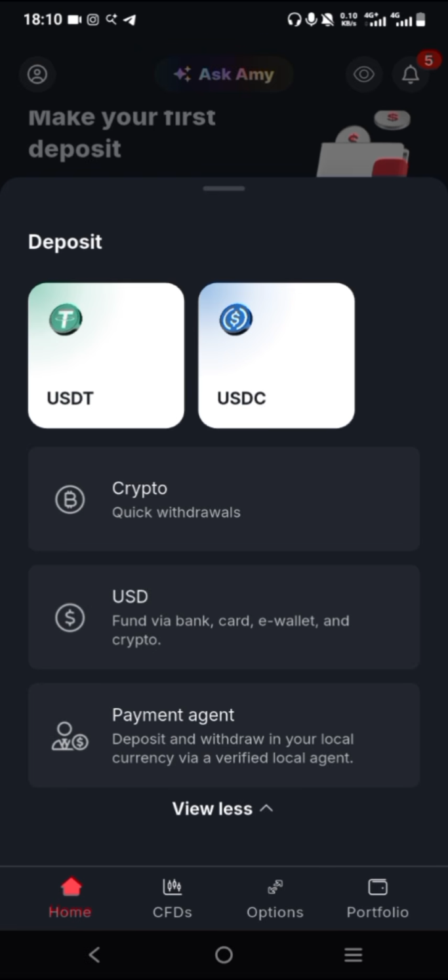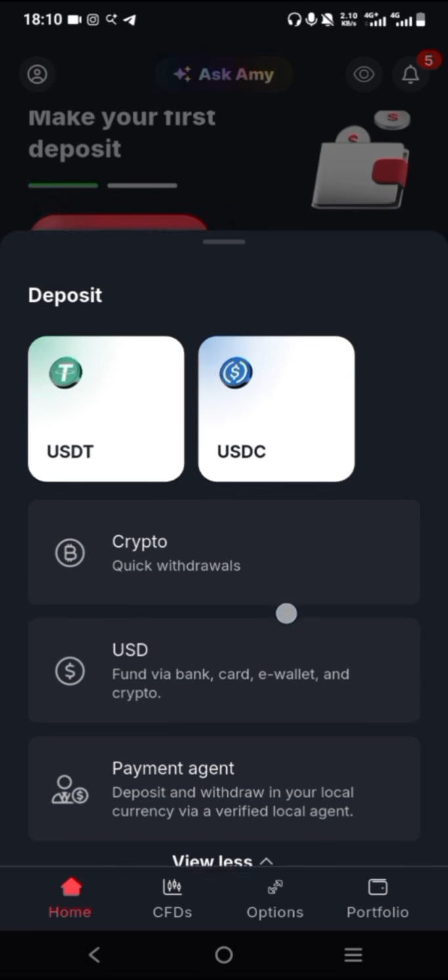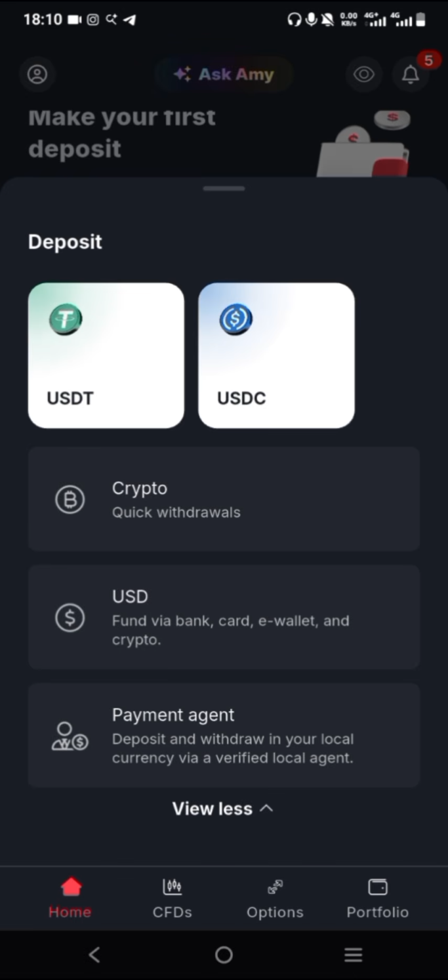The available payment methods and minimum deposit requirements can vary, so always check what is currently available inside your account. As you can see, we have USDT, USDC, and crypto. We have USD, whereby you can fund your account via bank, card, e-wallet, and crypto. So take note of this.